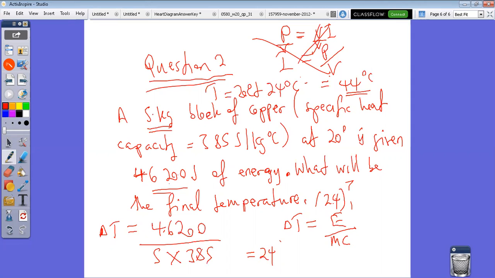Because when I use delta T, it's simply temperature change. We are adding energy, so the temperature will increase. So this is the temperature change, it increased from 20 by 24 degrees. So we are adding that. Mufaro, is that clear? Yes, sir. Okay.